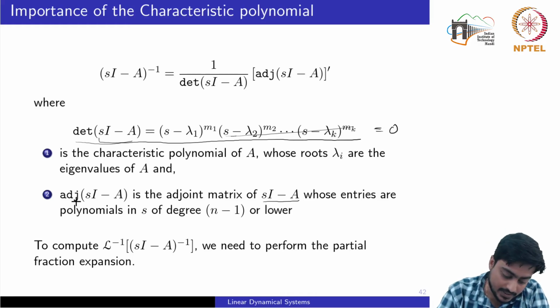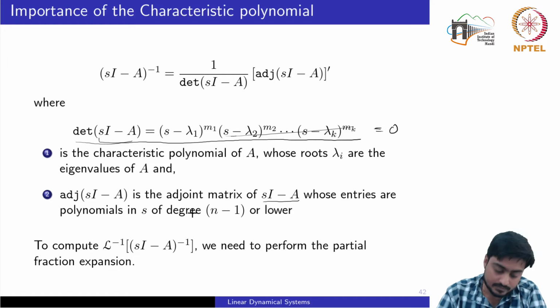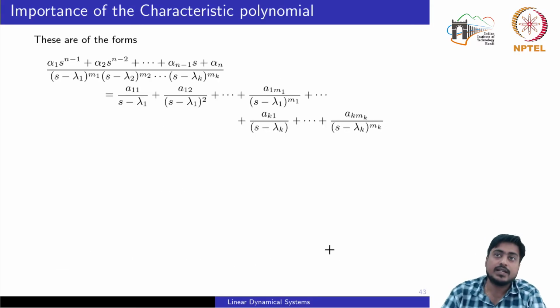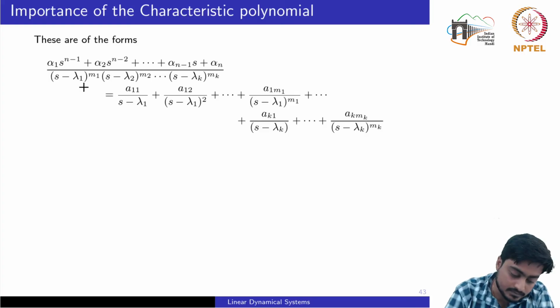But when we take the adjoint of sI minus A, it would always have degree up to n minus 1. So to compute the Laplace inverse of sI minus A inverse, we do the partial fraction, which could take this form possibly.